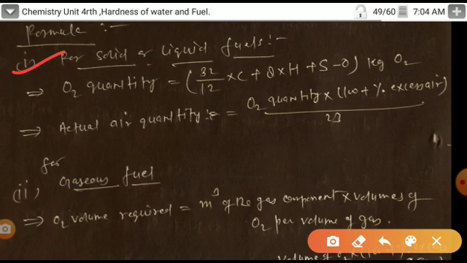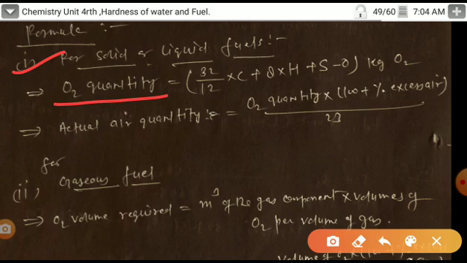Here you will easily observe on the screen the oxygen quantity. You may apply the formula of oxygen quantity for a particular solid or liquid fuel.